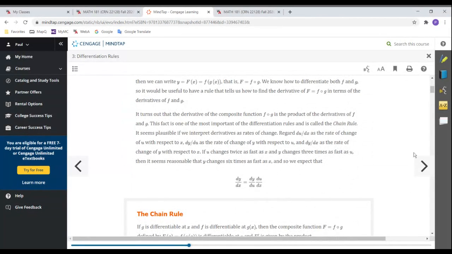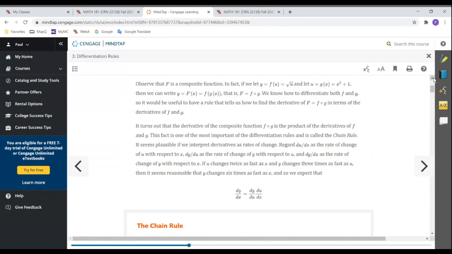Well, they talk about, suppose that, like you see here, dy dx equals dy du times du dx. All right, they say basically that y, let's treat y as a function of x, or y ultimately is a function of x.